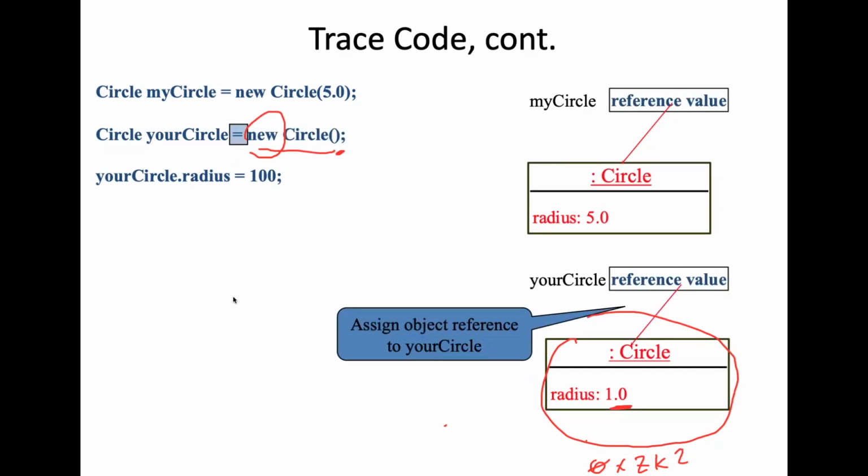Next up, by way of using this assignment operator, you're assigning the memory address of this newly created instance, with the address of 0x2, to it. And that becomes the value of that reference object, yourCircle. So again, new returns the memory address of the newly created object back into the object reference.